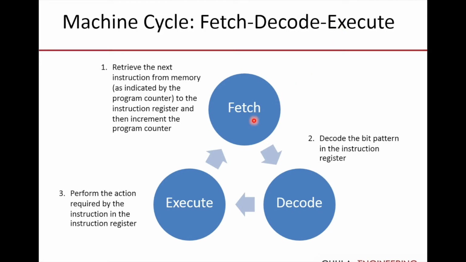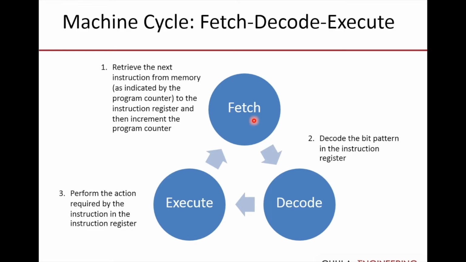In the fetch step, the CPU retrieves the instruction from memory. The location of the next instruction being retrieved in this step is indicated by the program counter, or PC. Once the instruction is fetched from the memory, it's stored in the instruction register, or IR.